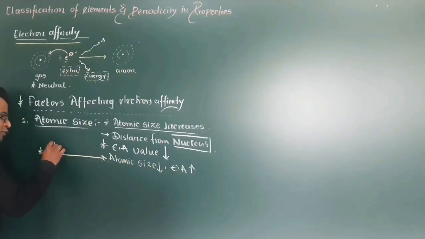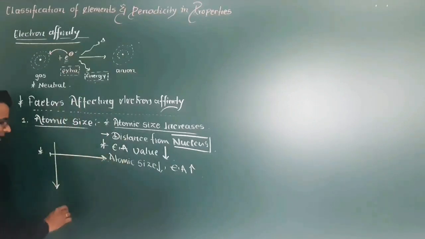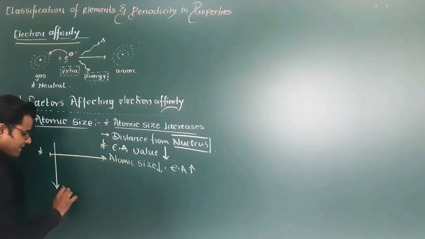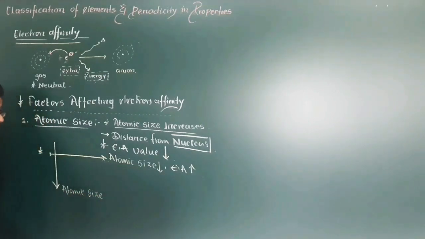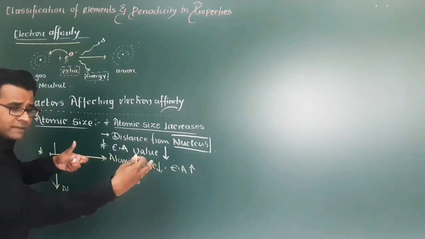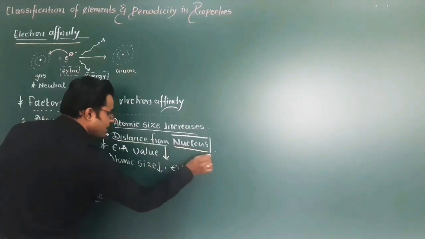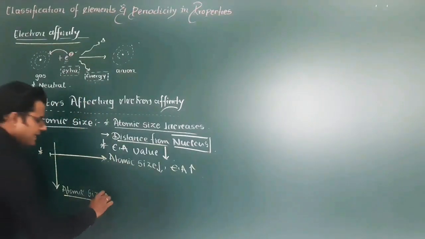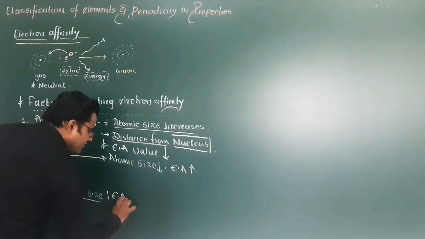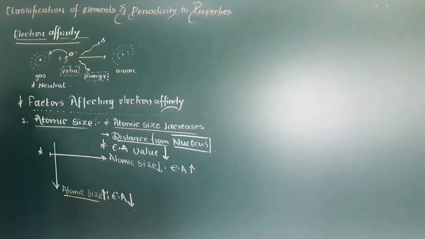When we go from top to bottom in a particular group, the atomic size is going to become larger and larger. As it becomes larger, it directly affects the distance from the nucleus. As the distance from the nucleus goes on increasing, electron affinity goes on decreasing. So, atomic size increases, electron affinity value decreases.